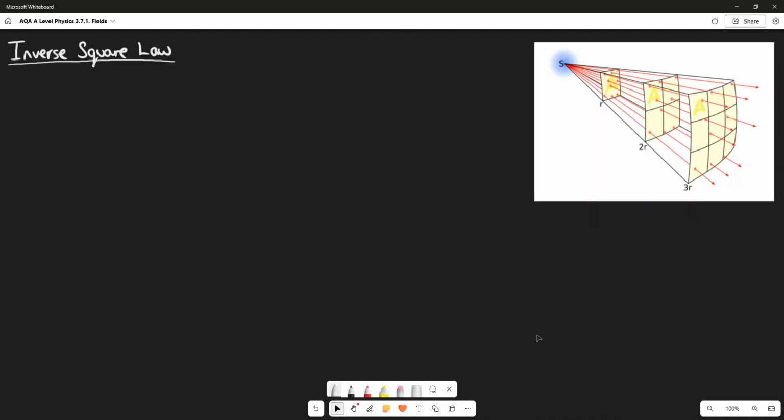One major difference between radial fields and uniform fields is the inverse square law. Where you have an object with a radial field, this might be a mass with a gravitational field, or it might be an electric charge with an electric field. The field lines get progressively further apart as you go further away from the object.